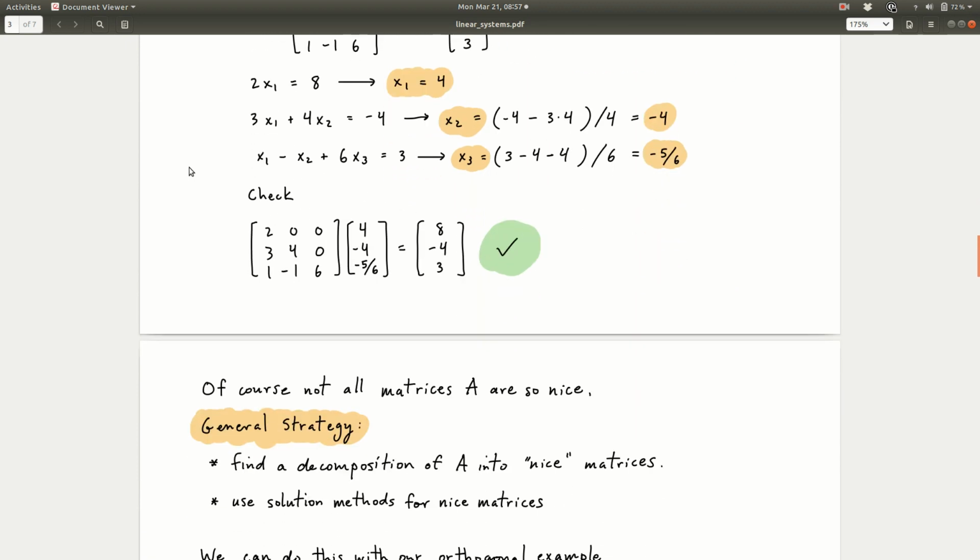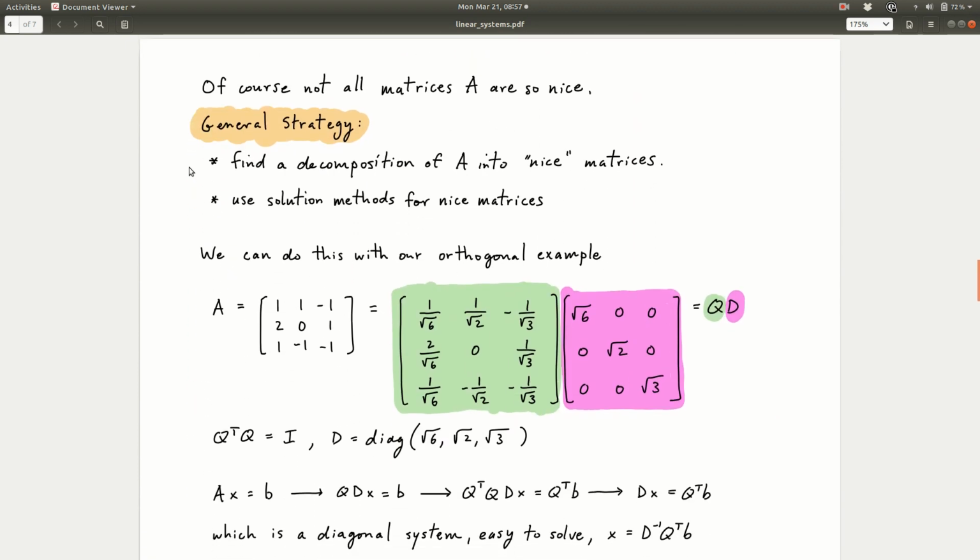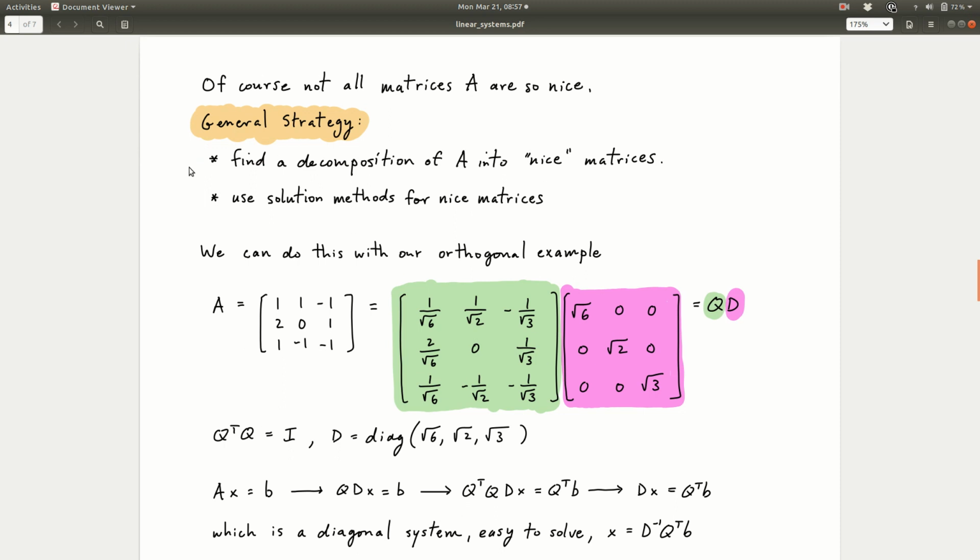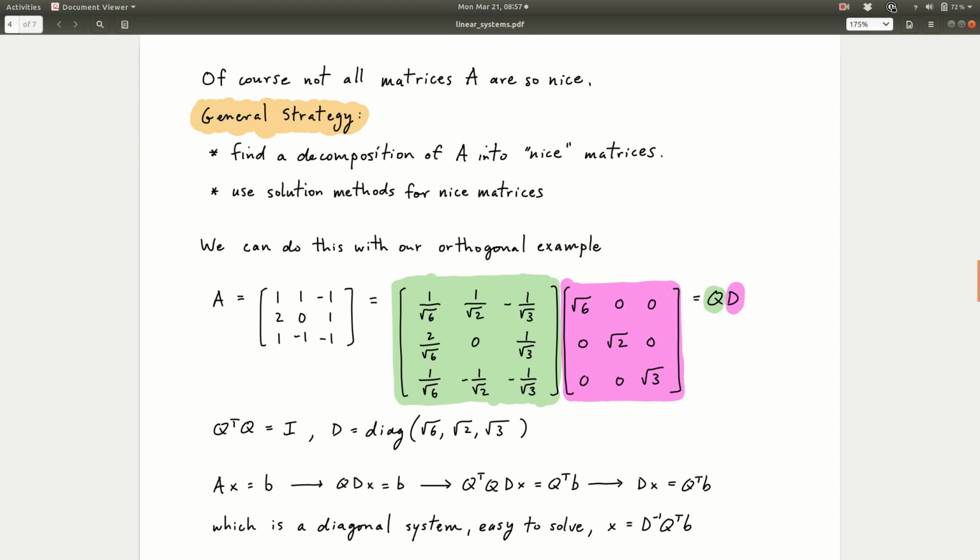So that's great. But of course, not all matrices A are so nice, meaning that not all of them fall into one of these nice categories. So what the heck do you do when the matrix does not fall into one of those categories?